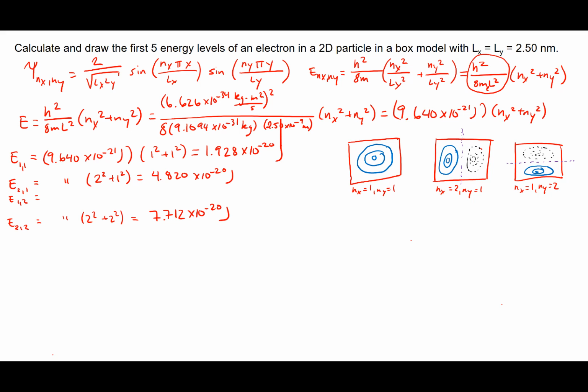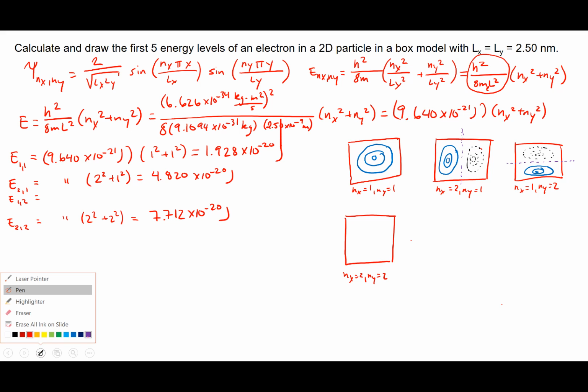And so if we were to draw what this one looks like, the 2, 2 energy level, what we can identify is that we're going to have one nodal plane in the x direction, but we're also going to have one nodal plane in the y direction. And so what that gives us is two hills. One's going to be here, because that's going to be our starting point for everything.